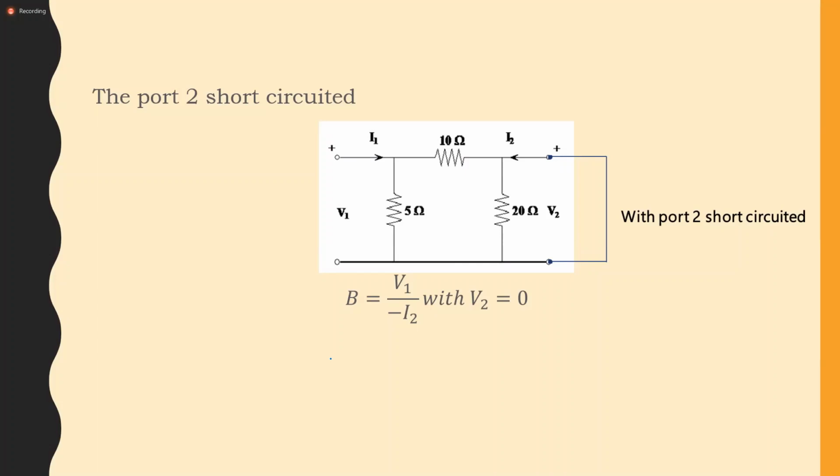V1 over 10. That's it. Don't make this more difficult than it appears. So V1 is equal to minus 10 I2, which means that V1 over minus I2 is 10. So B is 10.